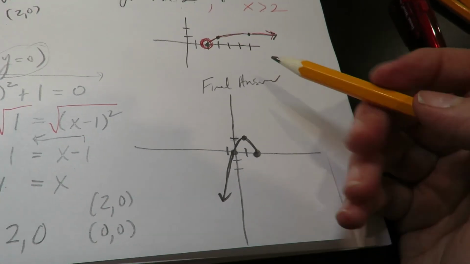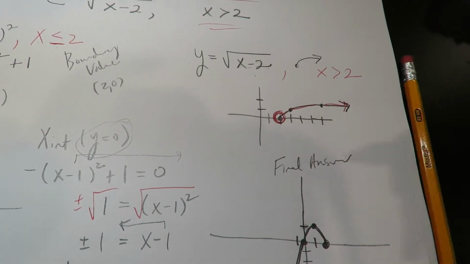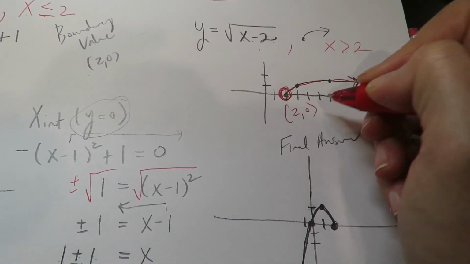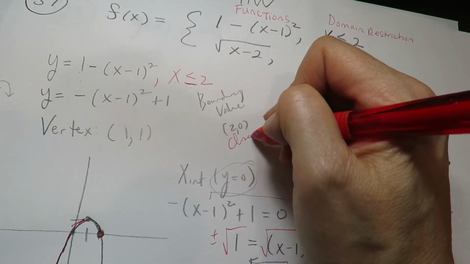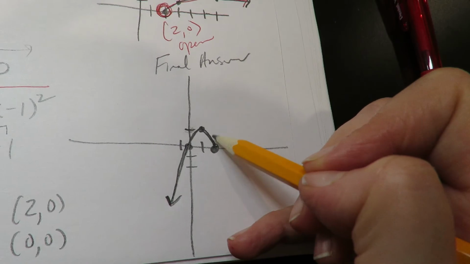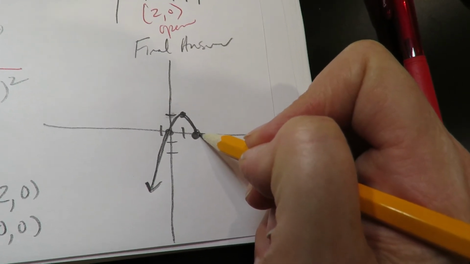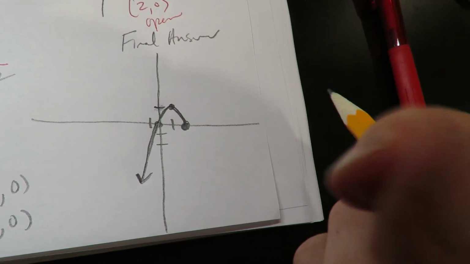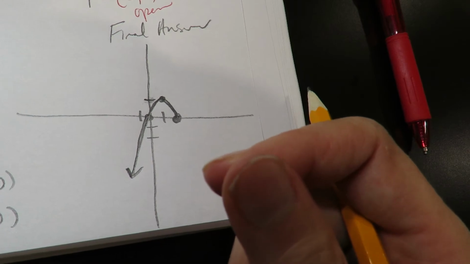Okay, so now this is important. You notice these are both at the same spot. The boundary value on this one is (2, 0) as well, except in this case it's open, where in this case it was closed. Okay, so they happen to sit at the same spot. So an open overlapping a closed is a closed. Think of it like snapping a button. A button like a snap, where it just snaps together.